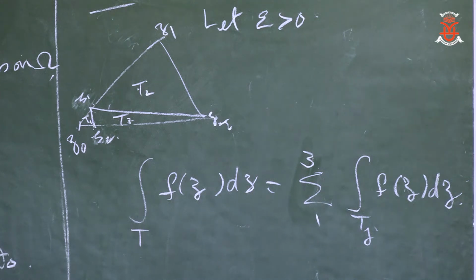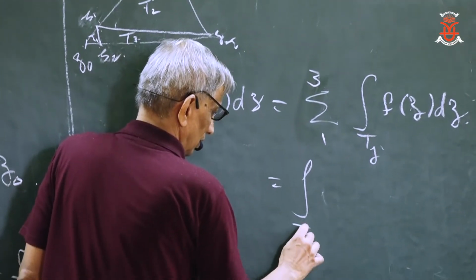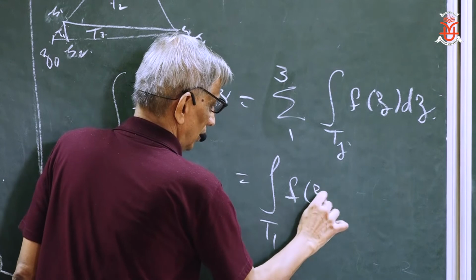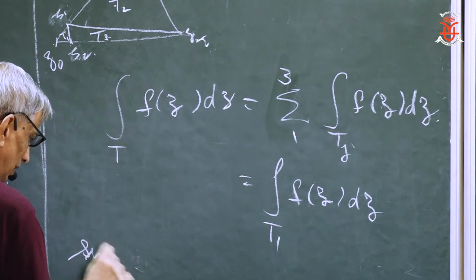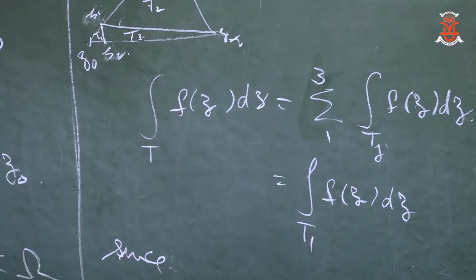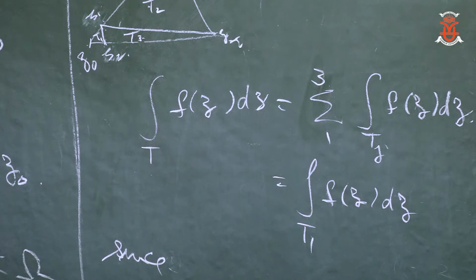And then what happens? So what is the next step? This sum is actually equal to the integral over T1. Because what? The integral over T2 and the integral over T3 are 0 by the original Goursat lemma.